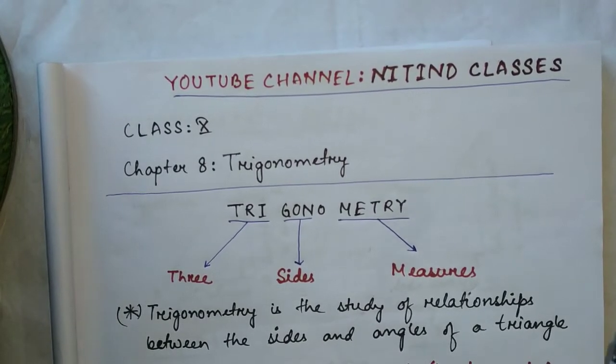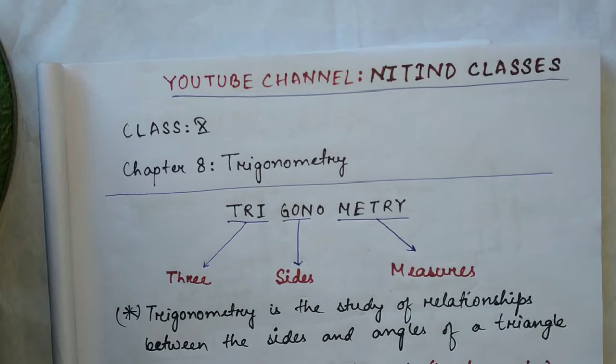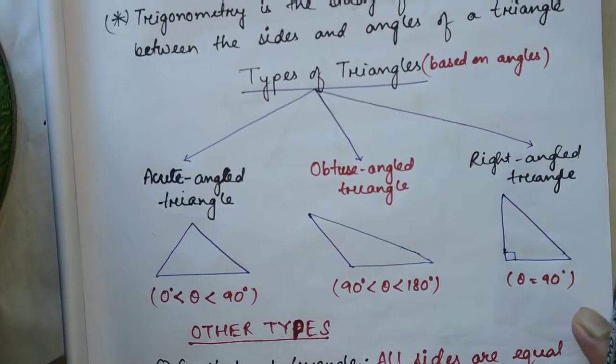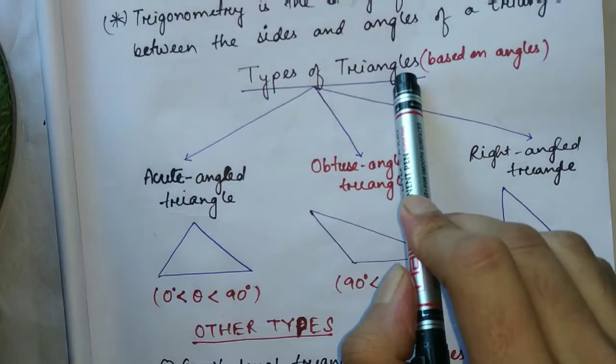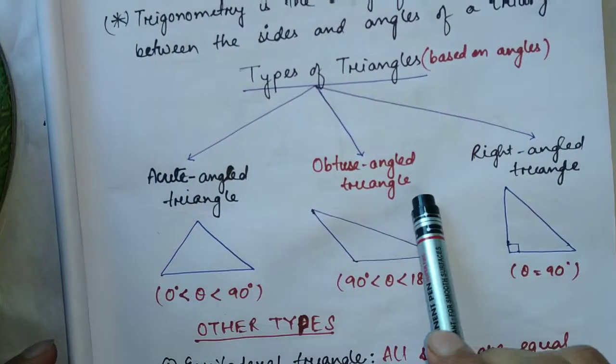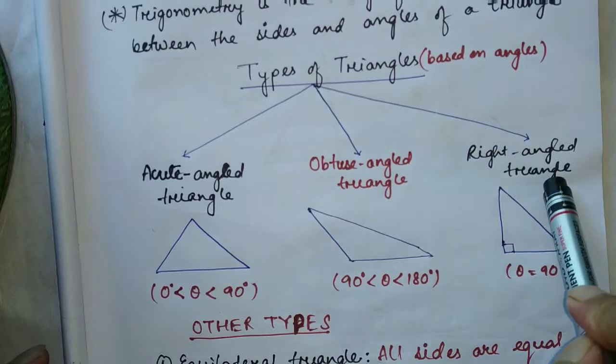So before going into trigonometry, let's learn something more about triangles. In maths, or basically geometry, triangles are divided into three types based on angles. They are acute angle triangles, obtuse angle triangles and right angle triangles.